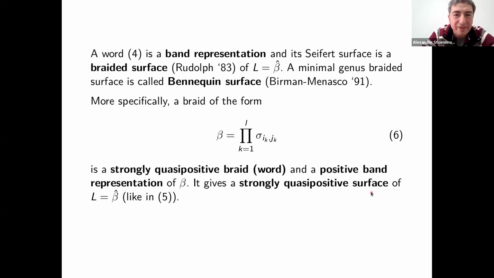Once you have this, you can say you have a braided surface, and if you have a braided surface which is minimal genus, then Birman and Menasco coined this terminology, it is called a Bennequin surface. And if the braid word is positive, then you call this a strongly quasi-positive surface.